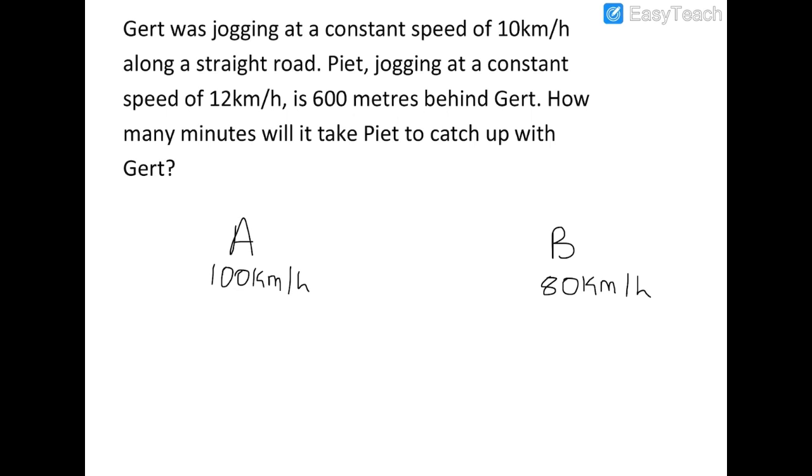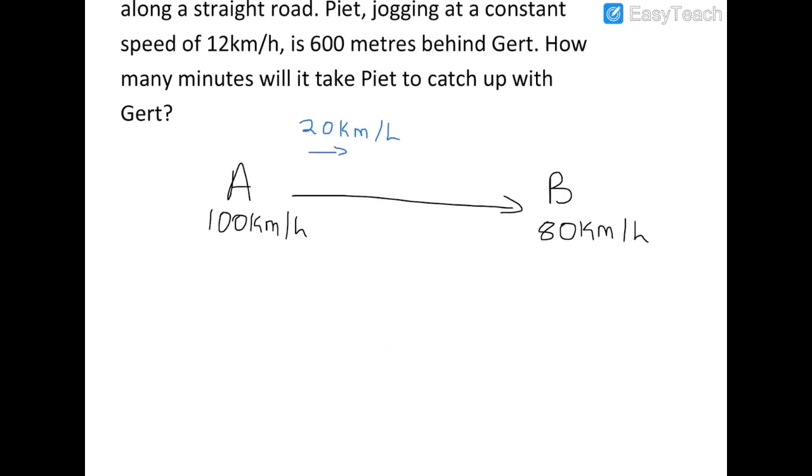So if car A is approaching B, B sees A as moving towards him at a rate of 20 kilometers per hour. The same is true with cars that are coming towards each other.